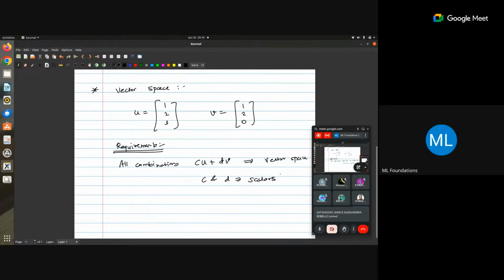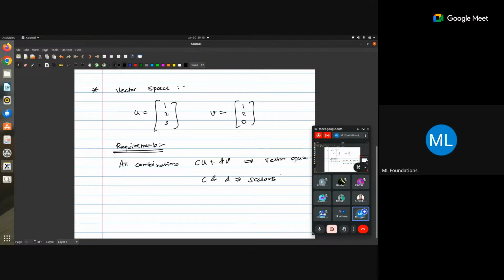What does that mean? u plus v. So you'll have different values for c and d, maybe plus 1, minus 1, plus 1, 0, 0. If that is there, then the entire space will be called a vector space of vectors u and v, right?